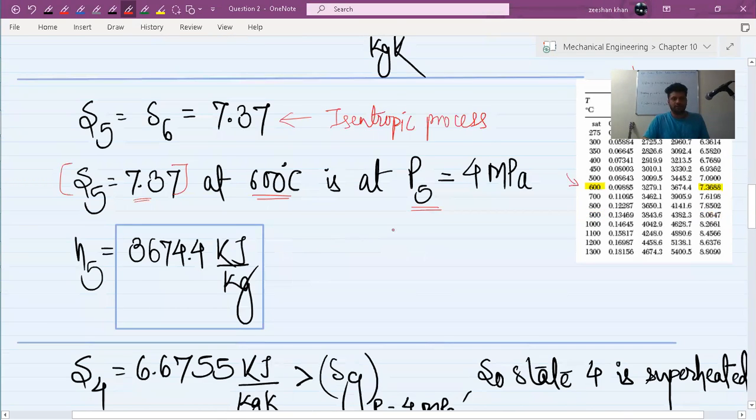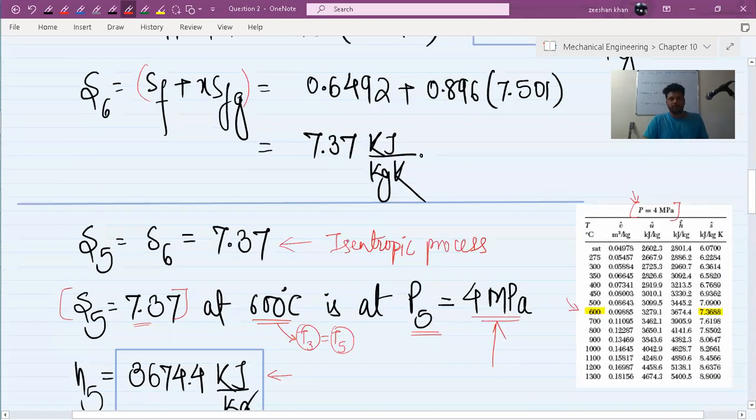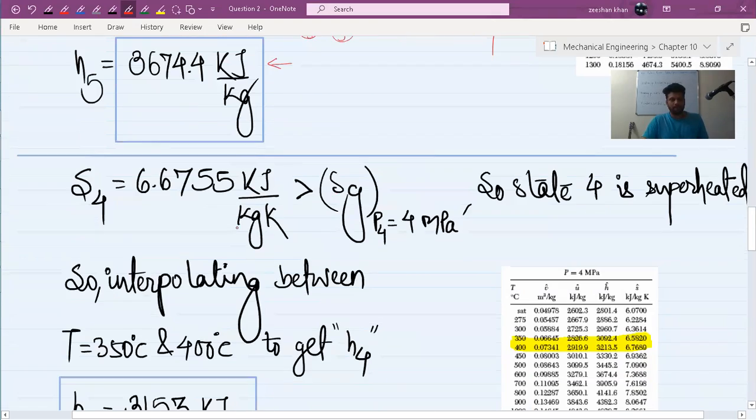So that is how I get the pressure, 4 megapascals, and the enthalpy at this pressure and temperature is equal to 3674.4 kilojoule per kilogram. Again, this temperature has come from T3 is equal to T5. That is the condition given to us.